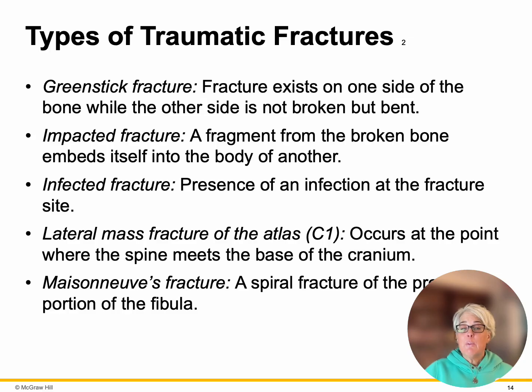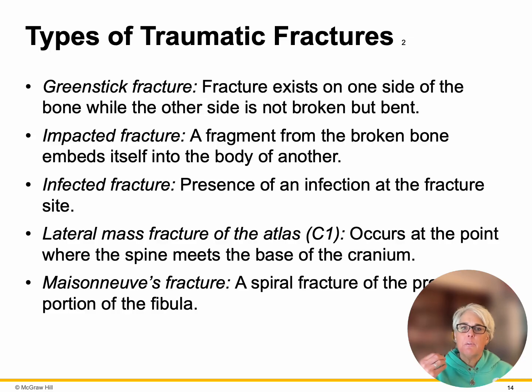On this slide, we see green stick fracture, impacted, infected, and specific patterns like lateral mass fractures of C1, as well as Mason-Naves fracture of the fibula. A green stick fracture is a common fracture that occurs in children due to more flexible bones.